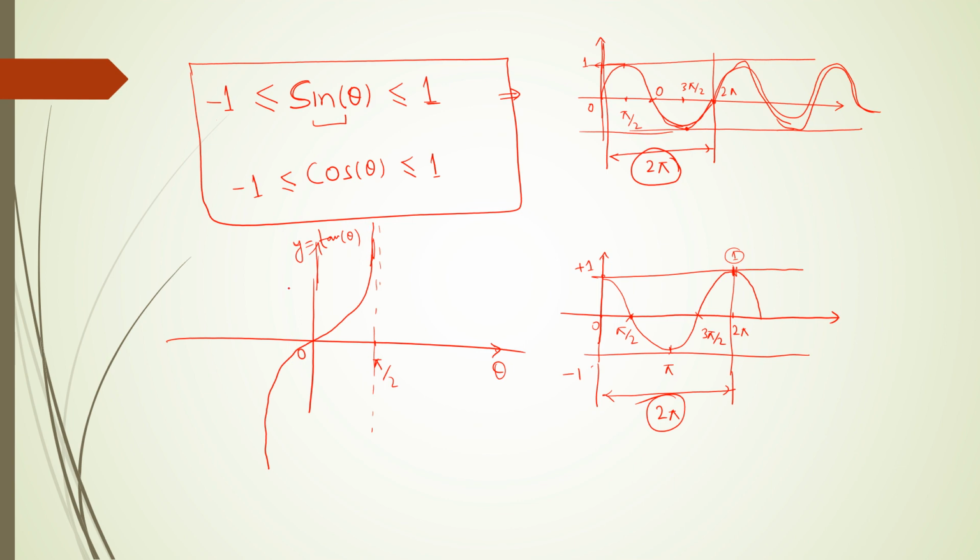So it is unbounded. But cos theta and sin theta were bounded between minus 1 and plus 1. This is unbounded because its value is approaching infinity. So tan of theta is unbounded, and its periodicity is pi, meaning it repeats after every pi interval.